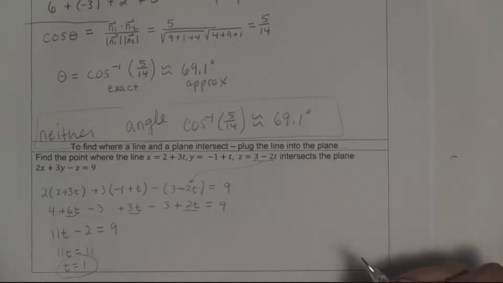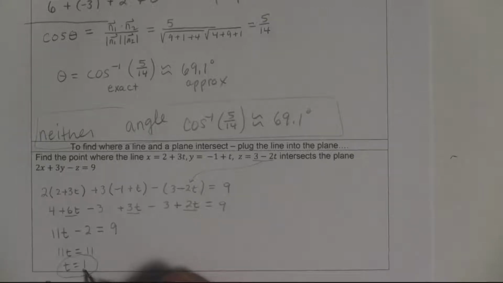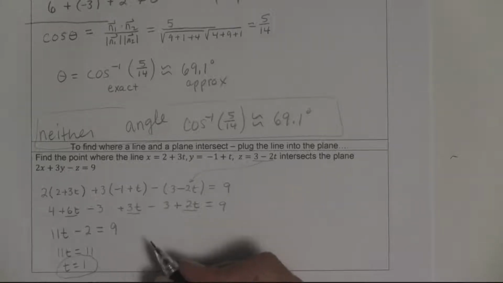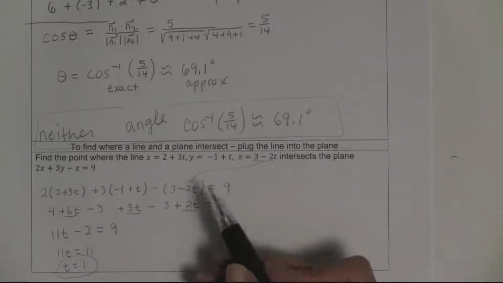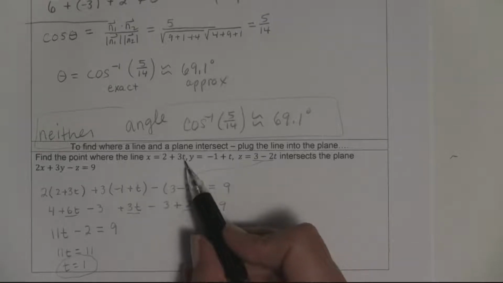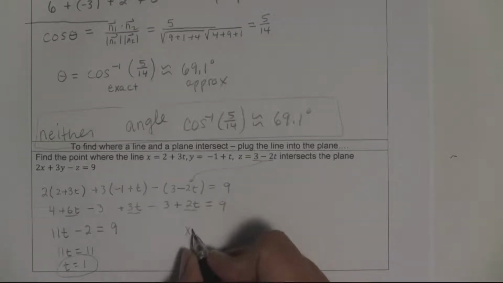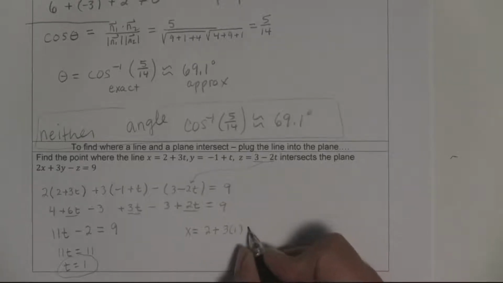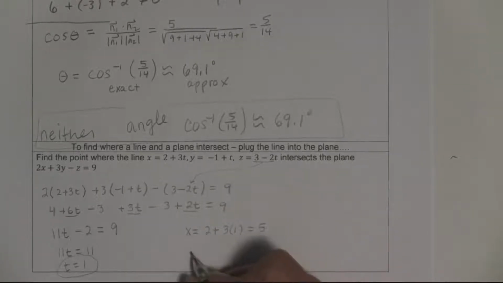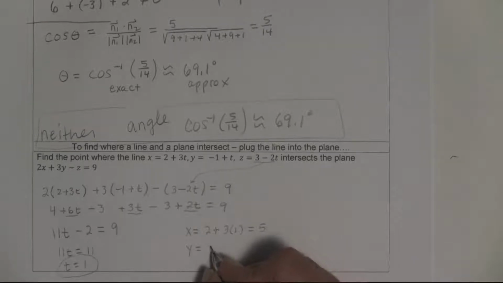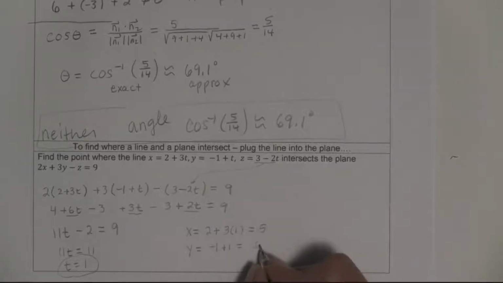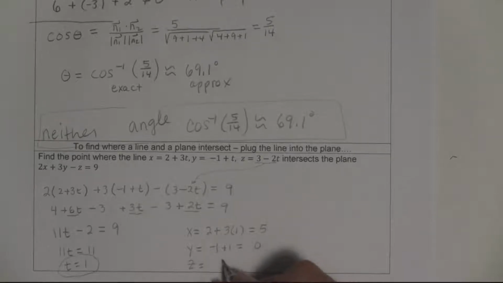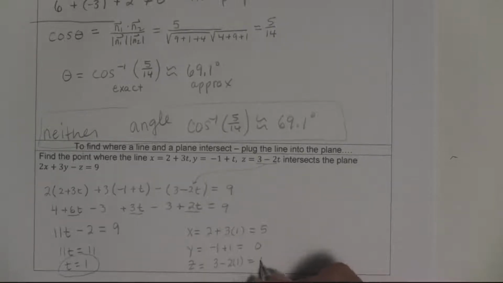Now, I wanted to find the point where they intersected, and I know that they intersect when t is 1. And so all I have to do is put that t is 1 back in here, and that'll find the point. So x equals 2 plus 3 times 1, which gives us 5, and y equals negative 1 plus 1 is 0, and z equals 3 take away 2 times 1, which is 1.